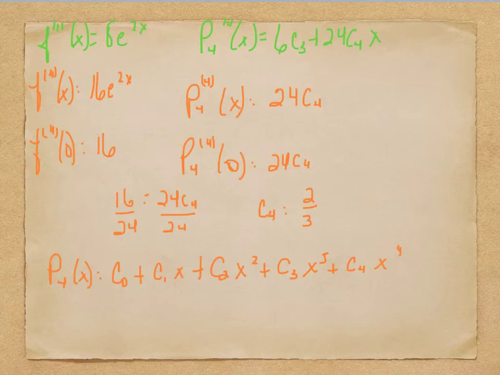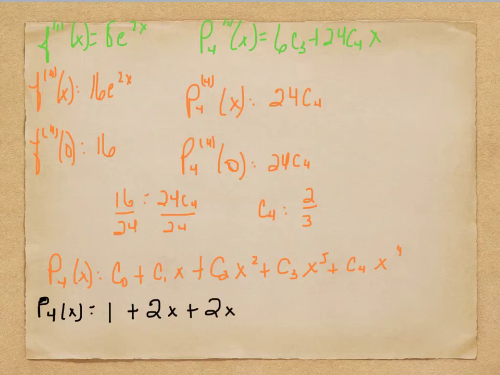So going back, c sub 0 was 1, c sub 1 was 2, c sub 2 was also 2, c sub 3 was 4/3, and c sub 4 was 2/3.